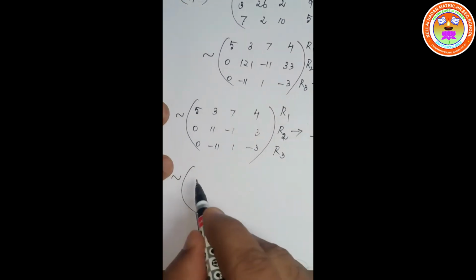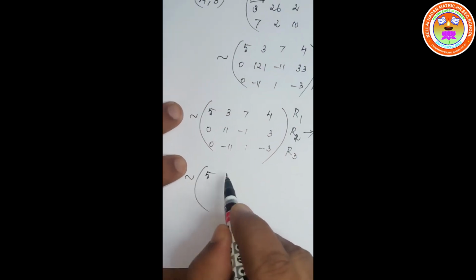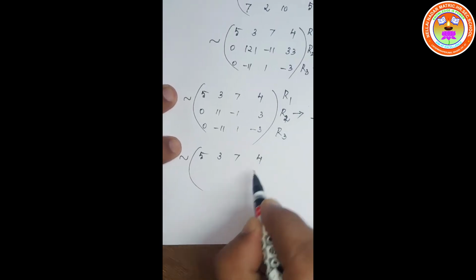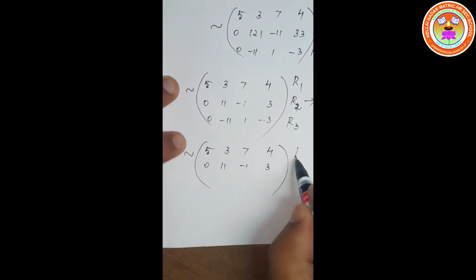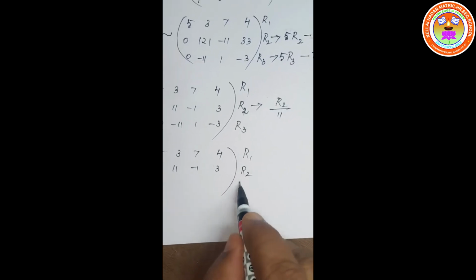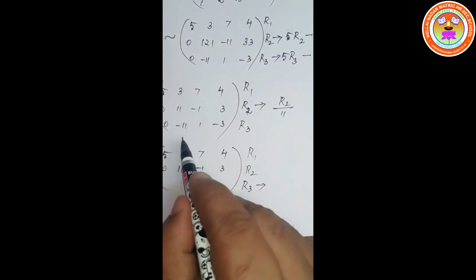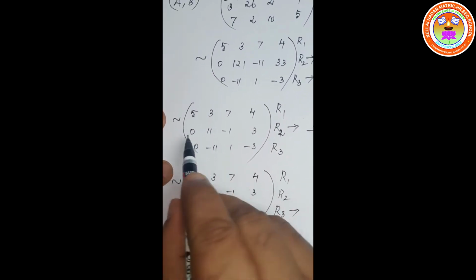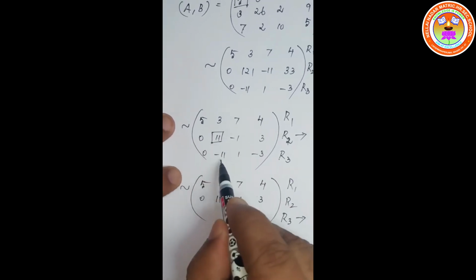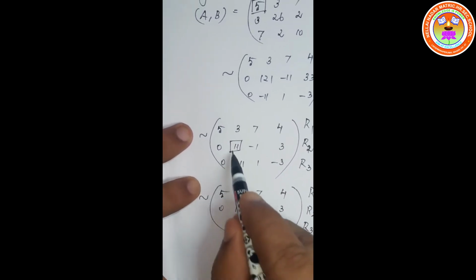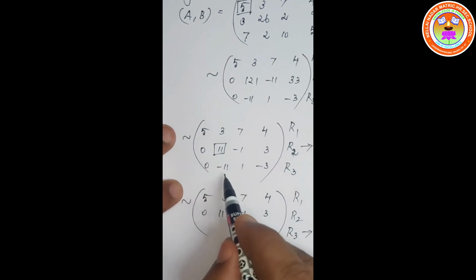Again equivalent matrix. Write the first row and second row as it is. R1 and R2 no change. Now R3 implies, because in the second row this is the first non-zero number, with the help of that number it has to be changed to 0. So if we add directly we will be getting 0, correct? 11 minus 11, 0.